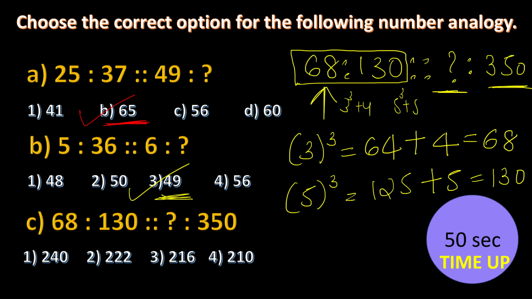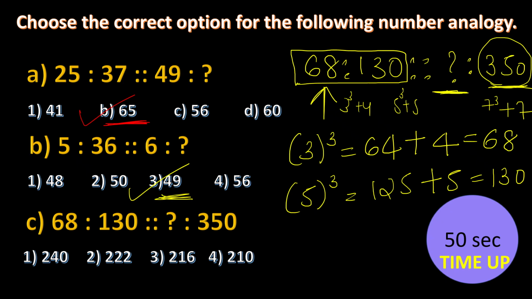So 7 cube plus 7, you will get 350 because 7 cube is 343. So 3 cube plus 7, you'll get 350. So what should come in the question mark? Which number should come? Whether 6 should come? We don't know. Whether 4 should come here.